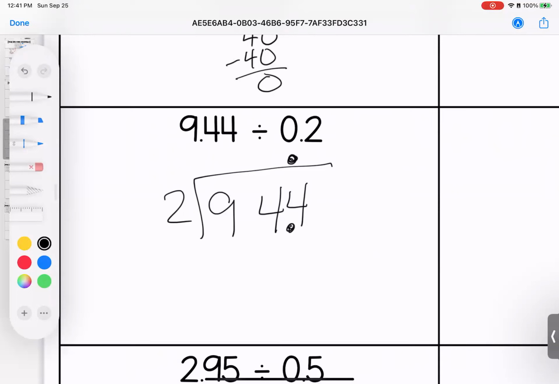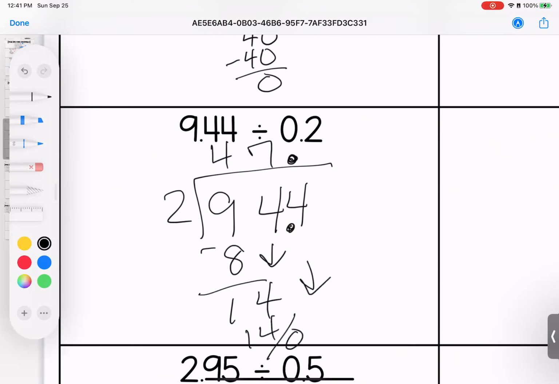Can 2 go into 9? Yes, 4 times. Gives us 1, bring down our 4, 2 goes into 14 7 times, which gives us 0, bring down our 4, 2 goes into 4 2 times, 47 and 2 tenths.